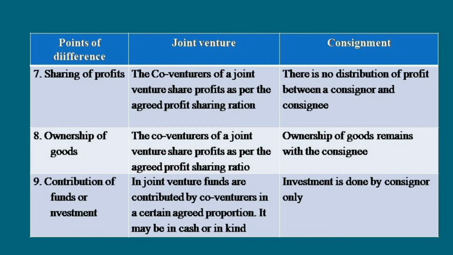With regard to sharing of profits, in a joint venture, the co-venturers share profits as per the agreed profit sharing ratio, whereas in consignment, there is no distribution of profit between consignor and consignee.